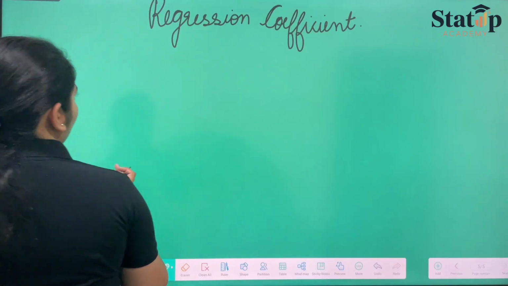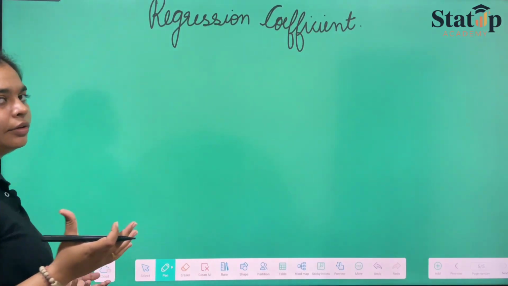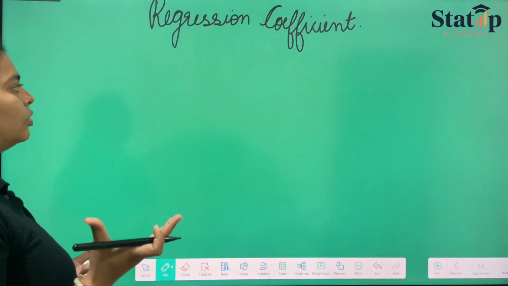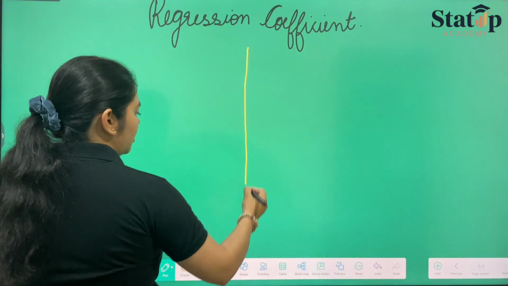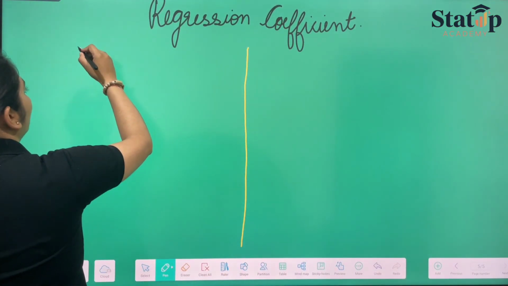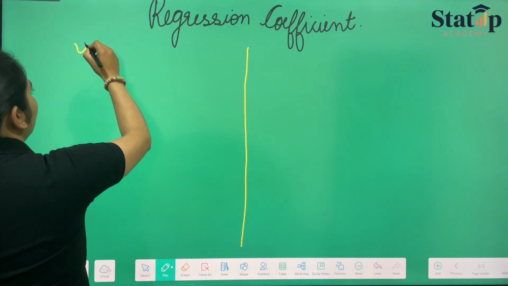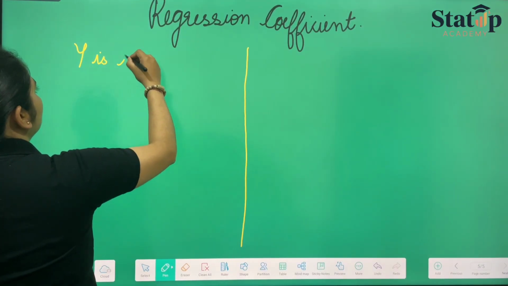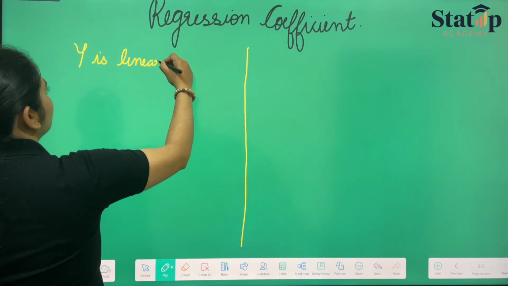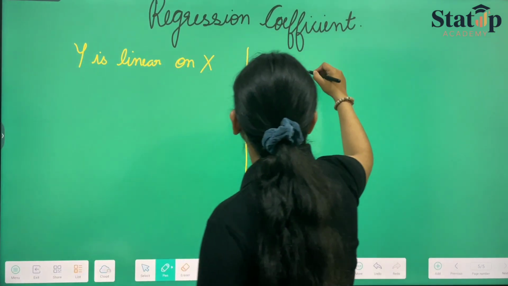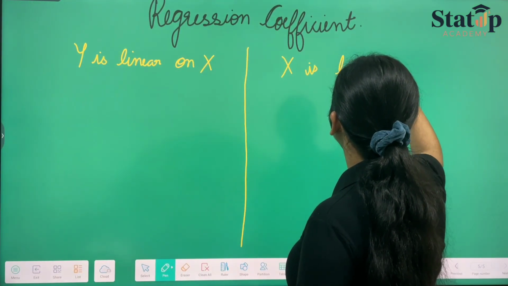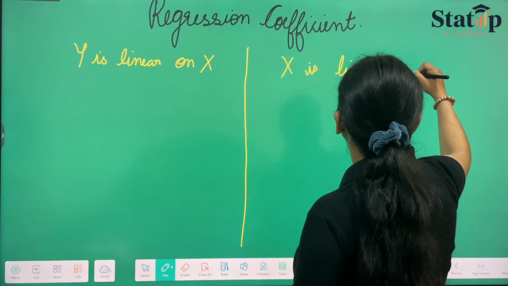So if I have to calculate linear, then first of all we need to know what the linear equations are. There are two kinds of linear equation. First is y is linear on x, and the second is x is linear on y.